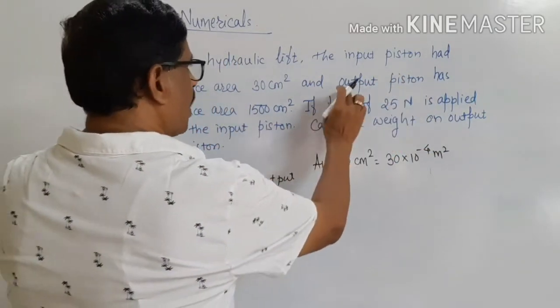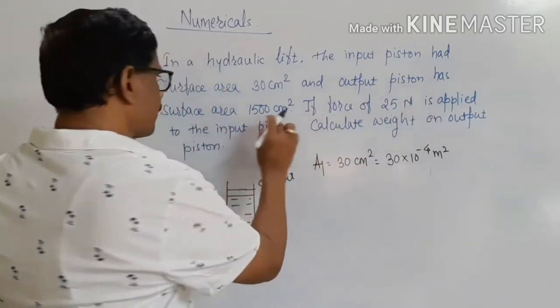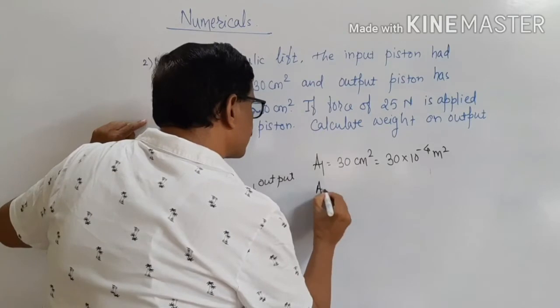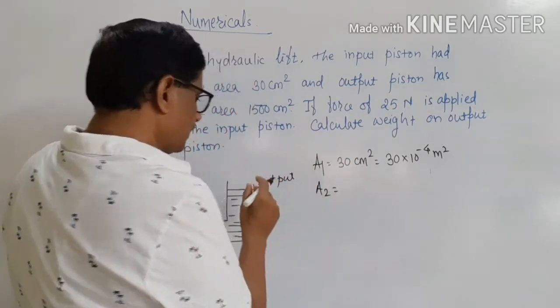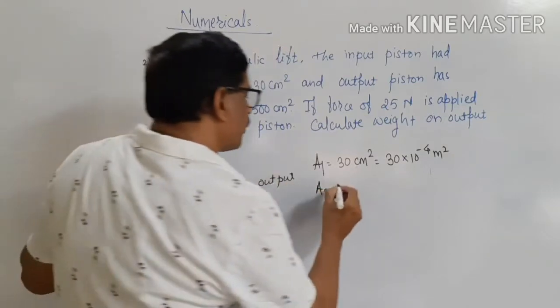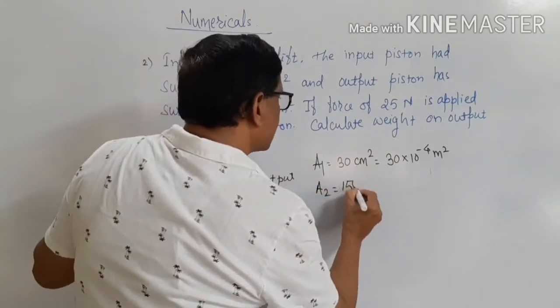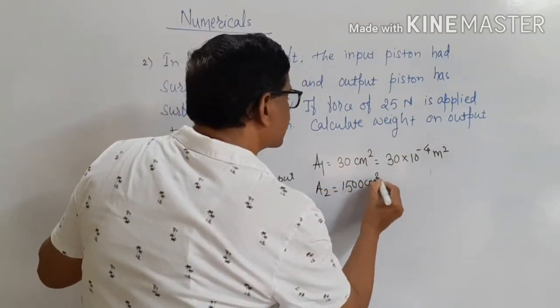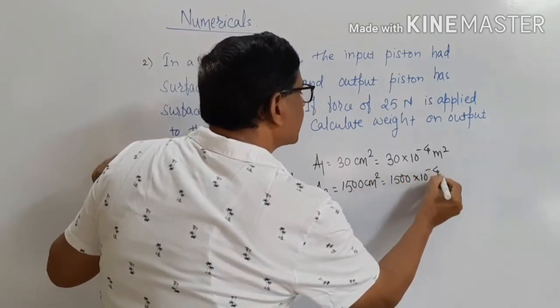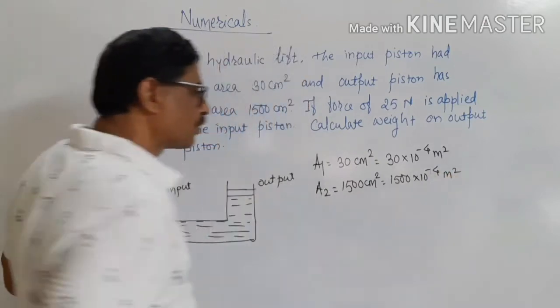If the output piston has a surface area of 1500 centimeters square, the output piston we are taking on the other side has an area of 1500 centimeters square. As we have done previously, it should be 1500 into 10 to the power of minus 4 meters square.